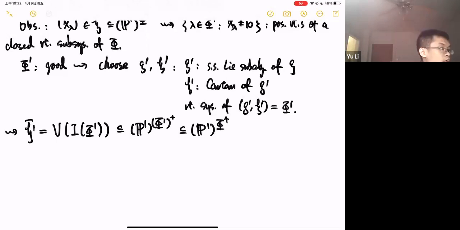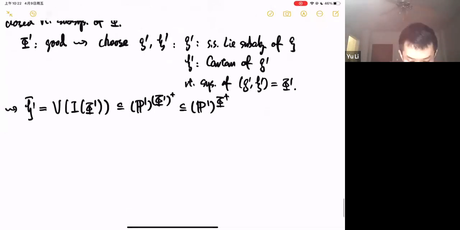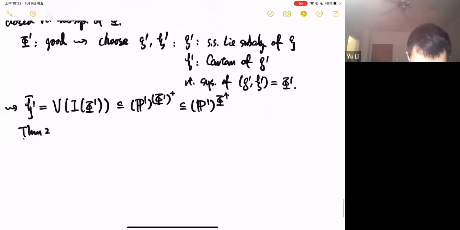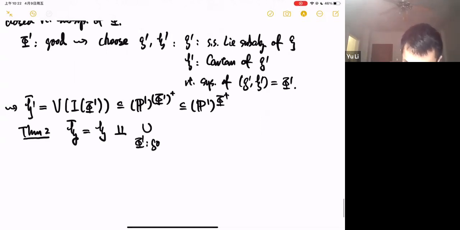All right, so my second theorem for today is that H bar is H disjoint union with the union over all good root subsystems of H prime bar.